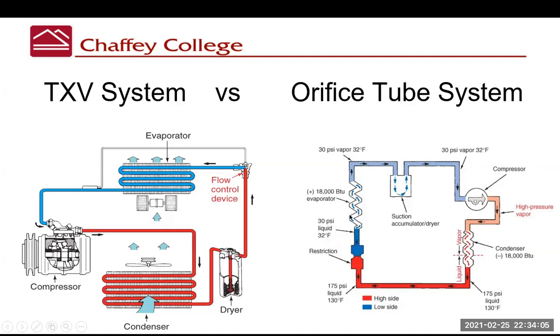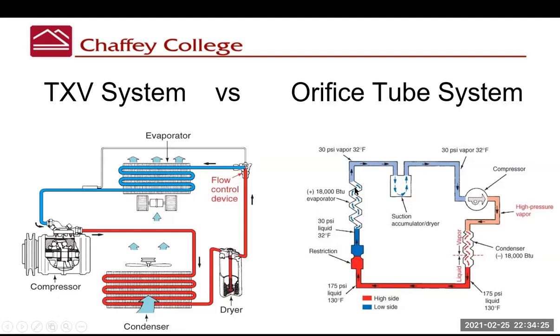That low pressure liquid feeds into the evaporator, where it is then turned into a low pressure vapor. The vapor, the low pressure vapor, feeds into something called an accumulator dryer. Well, remember I said the compressor can only deal with vapor.